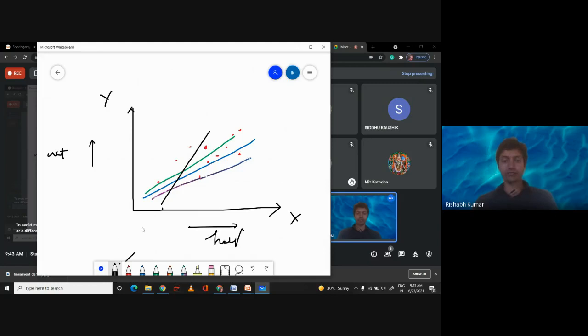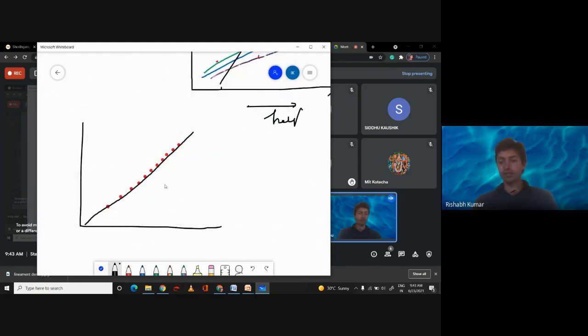Here you can see in this model, this is the perfect line. All the points are falling on it. The distance between the points and your straight line, that is the model, is zero, because all the points are falling on this line.